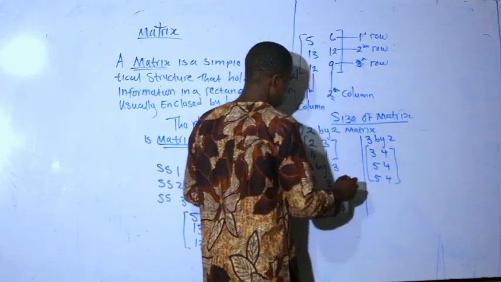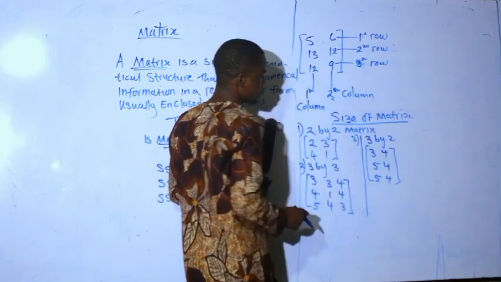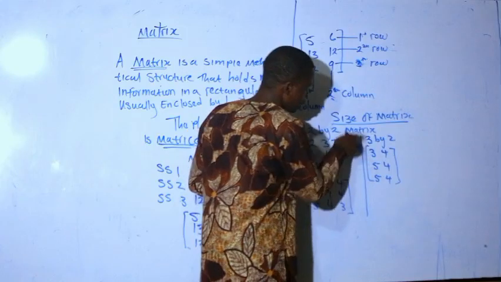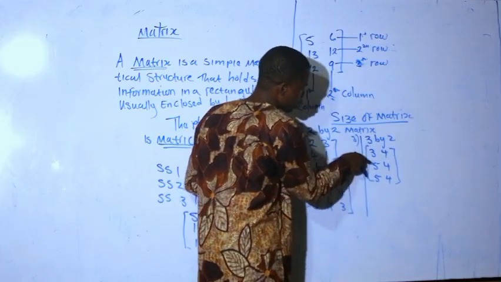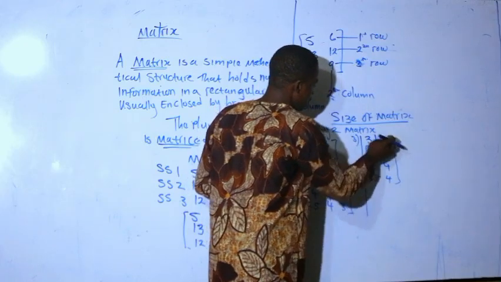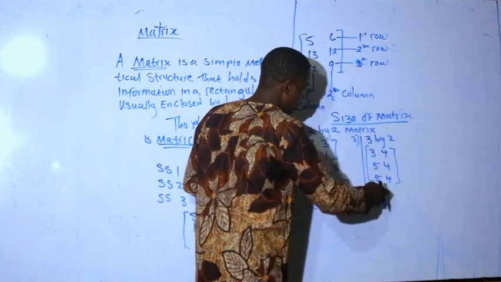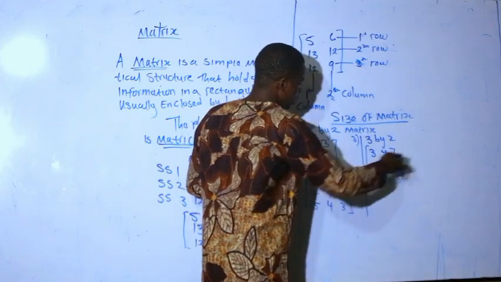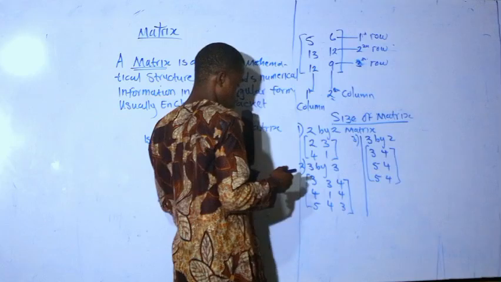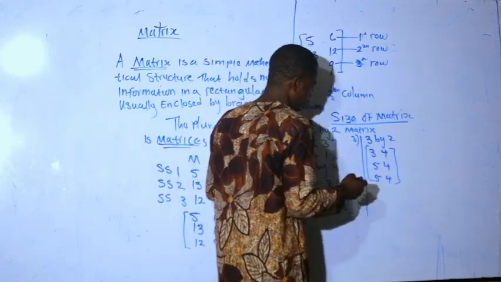Let us count it in row: 1 2 3. In column: 1 2. This one is row 3. This one is column 2. That's what we call 3 by 2.